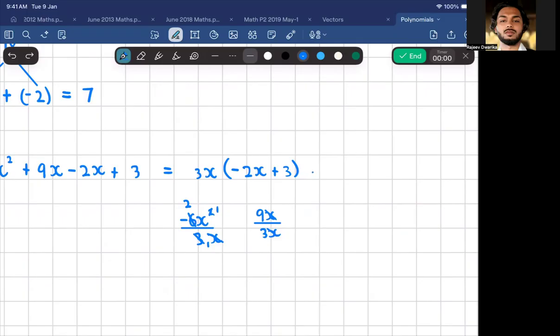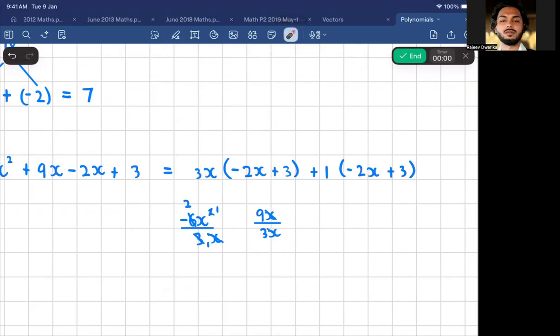I'm going to write plus. I actually don't need to factor out, but I suppose if you wanted to, you could factor out plus 1. So look what I'm going to do. I'm going to factor out 1, and I'm just going to write back minus 2x plus 3 here. It looks complicated, but stay with me.